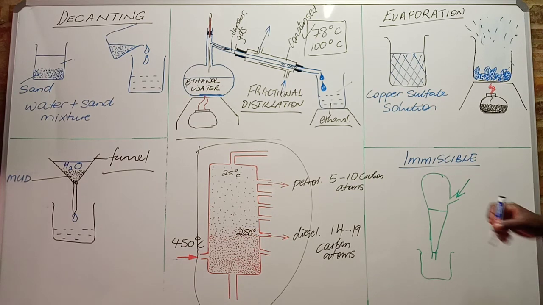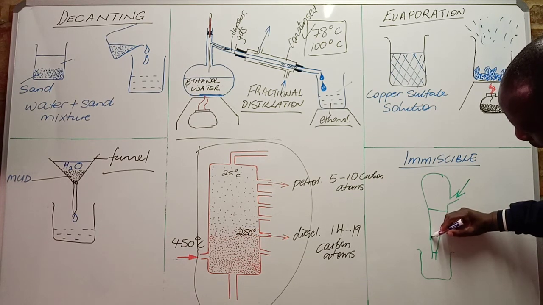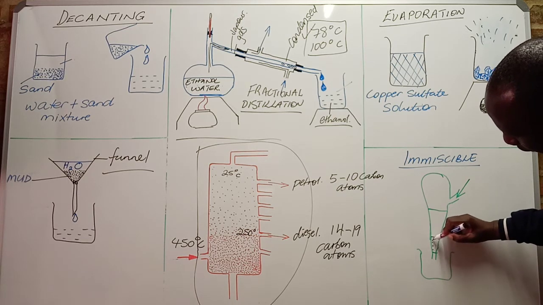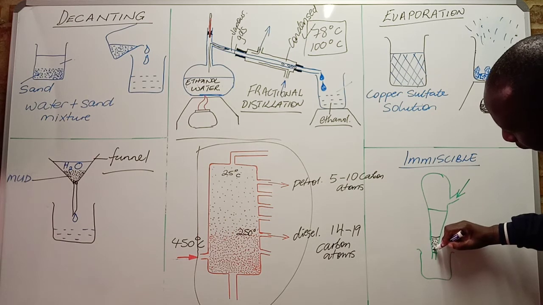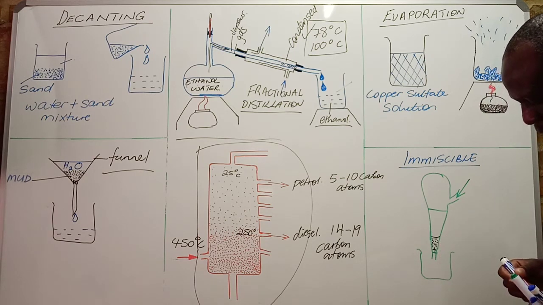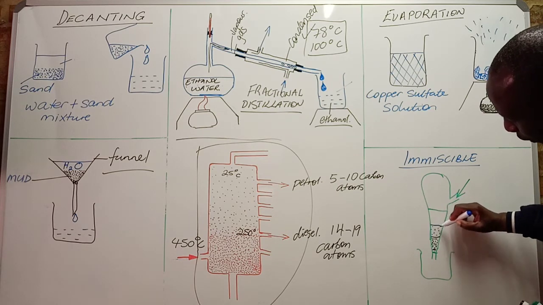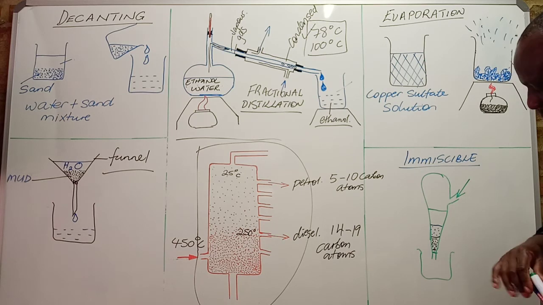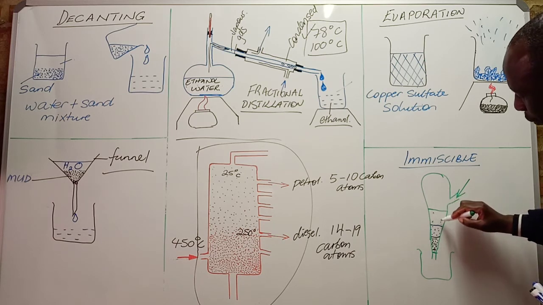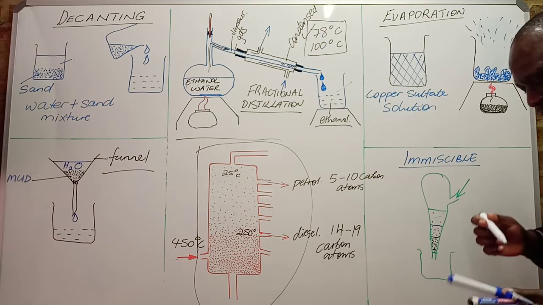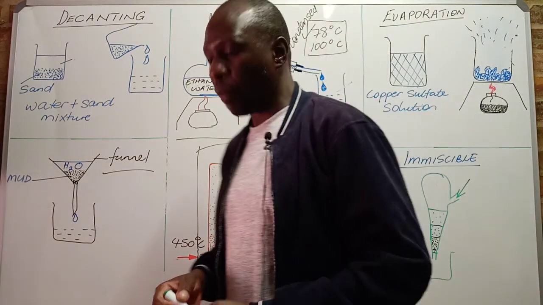What will happen is the liquid that has the highest density will have a tendency of settling at the bottom, followed by the liquid which is averagely dense, and the least dense liquid will settle at the top.